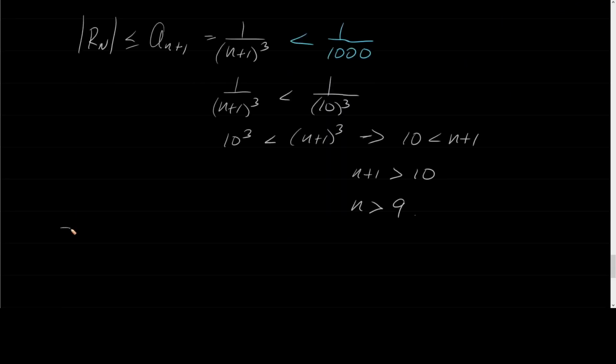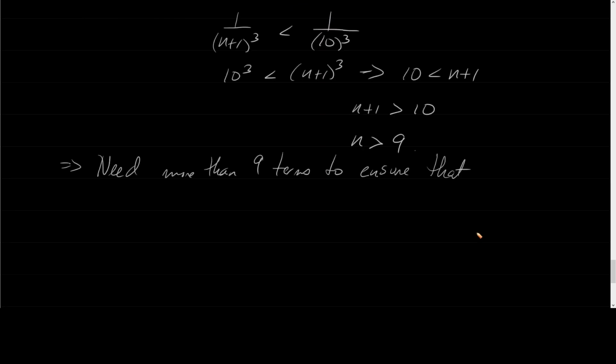So this tells us we will need more than 9 terms to ensure that our partial sum S sub n is within 1/1000th of the total sum S.